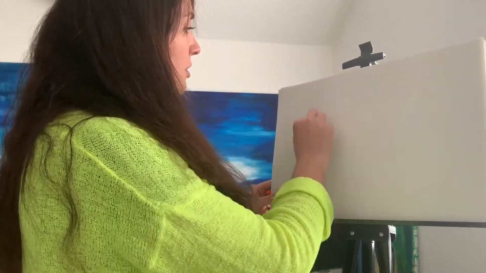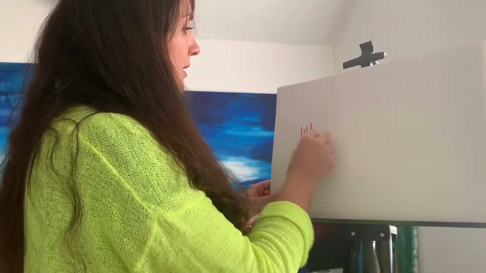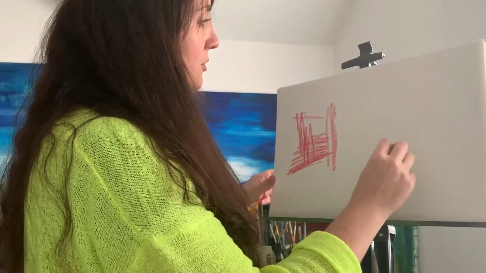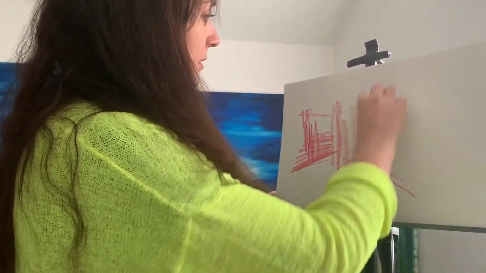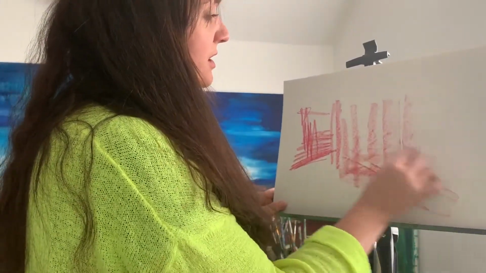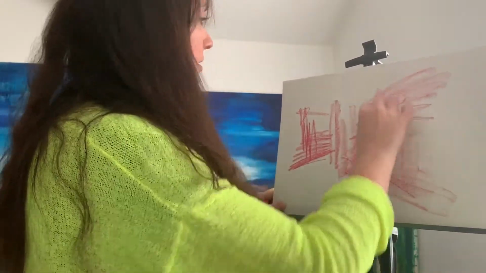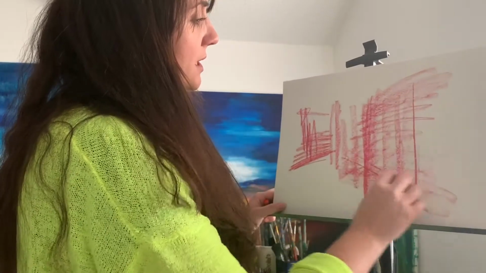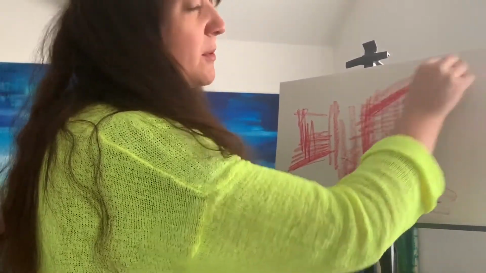So I'm going to draw out my view. And I'm going to start, but I'm doing, like I said, I'm doing everything opposite. I'm drawing all the houses that I can see, but I'm going to do them pink.